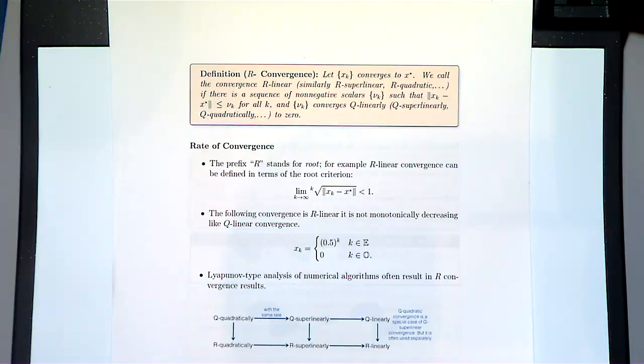So if the bounding sequence was converging linearly, then I can call my original sequence R linearly convergent. If the bounding sequence was converging quadratically, I can call my sequence R quadratically converging.